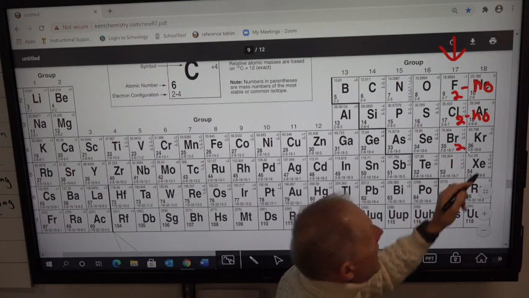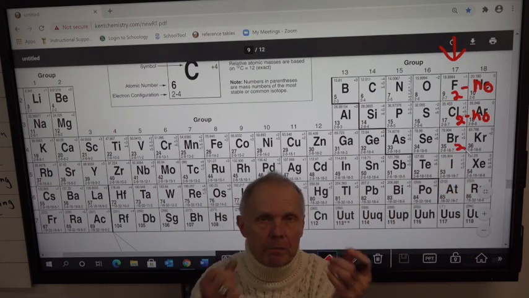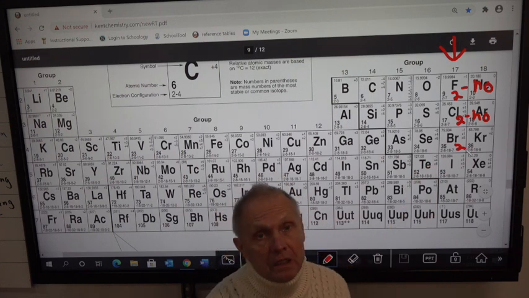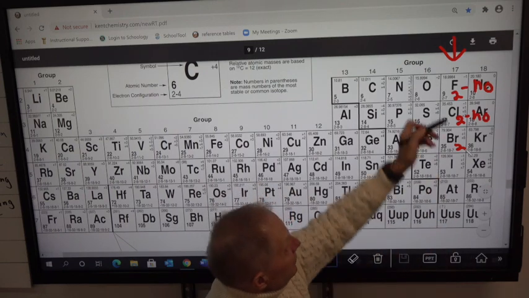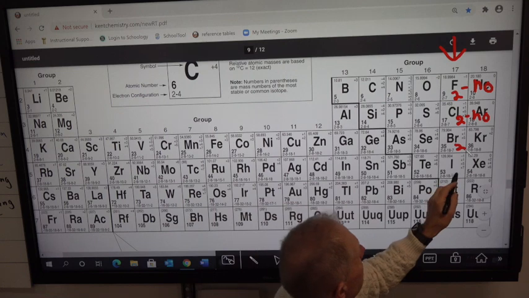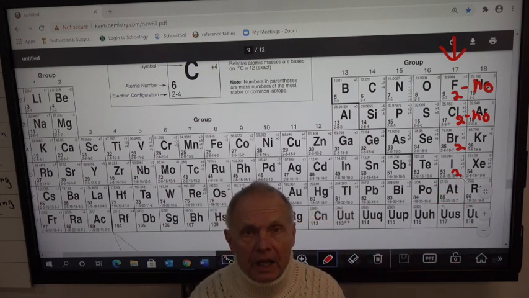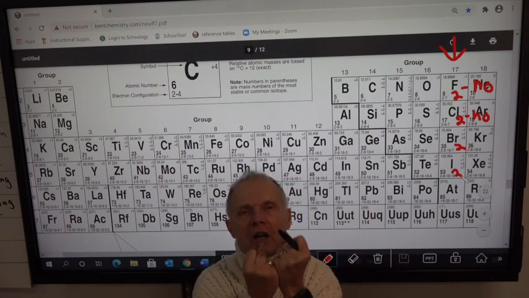Br2, at room temperature, bromine's a liquid. Liquid, the molecules are very close together, so bromine has some van der Waals forces. Notice as we go down the group, what's happening. And finally, iodine. Iodine is a solid, okay? And if you're a solid, your molecules have to be touching.